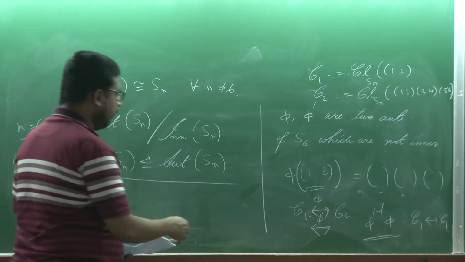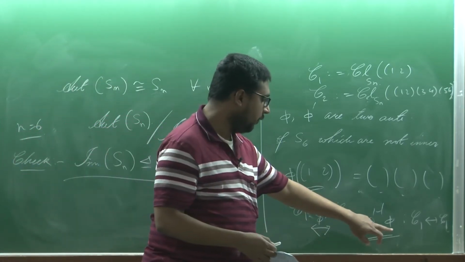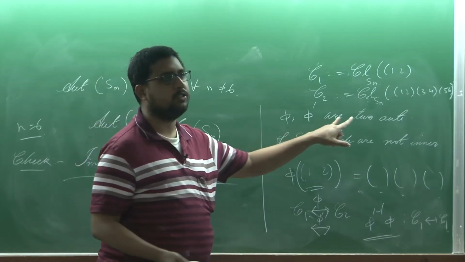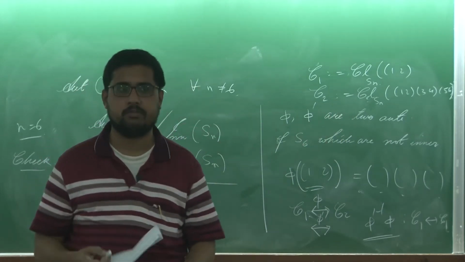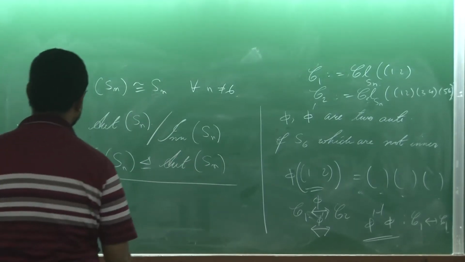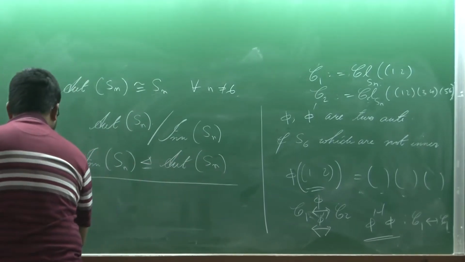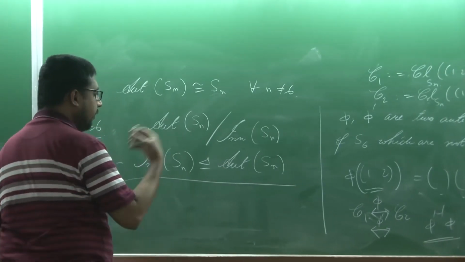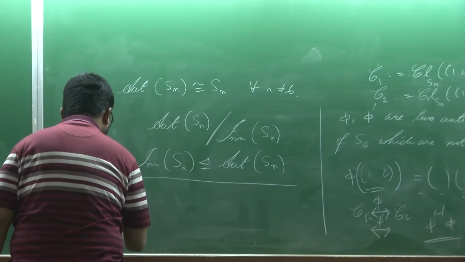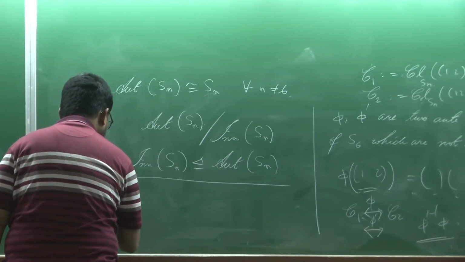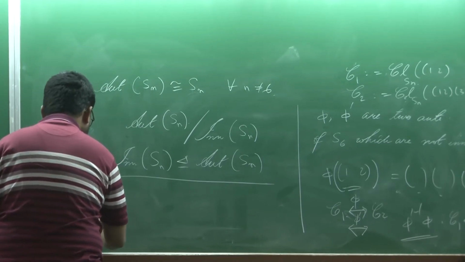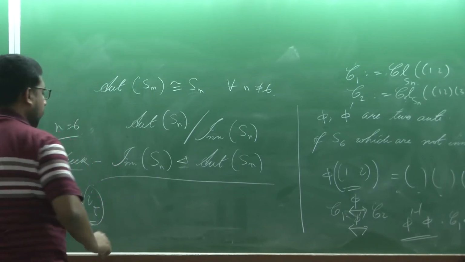So let me introduce a terminology. The automorphisms which are not inner are called outer automorphisms. In one of the exercises we have constructed an outer automorphism. So this analysis shows that if alpha is that outer automorphism, then every other outer automorphism must be of this form, alpha times some inner automorphism.